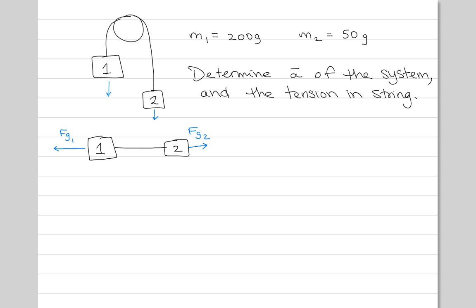And what goes on the other side of 1 and 2? So you have tension in the string. And the tension in the string is going to be the same. The tension in the string pulls up on 1 and pulls up on 2. So if they were isolated, you'd have an upward force there and an upward force this way.